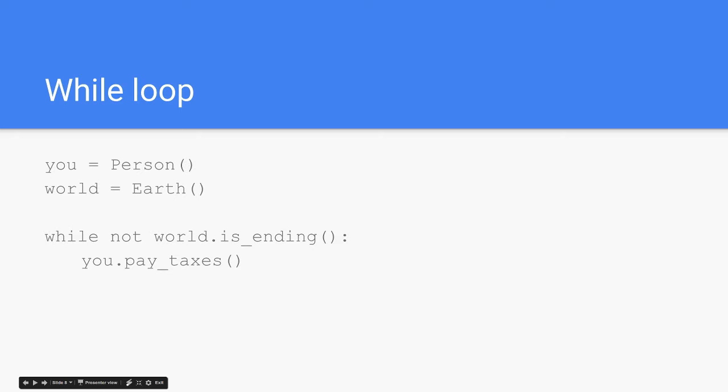This is a simple humorous example in which it continuously checks the condition of whether or not the world is ending, and if the world is not ending, then it will do the code inside the loop. This is a simple example of a while loop that closely mirrors the C-style for loop using range earlier.